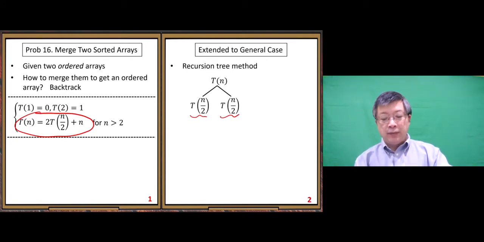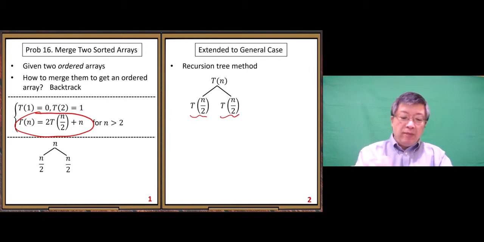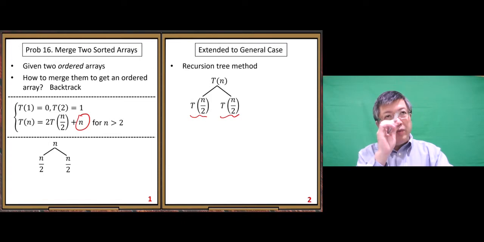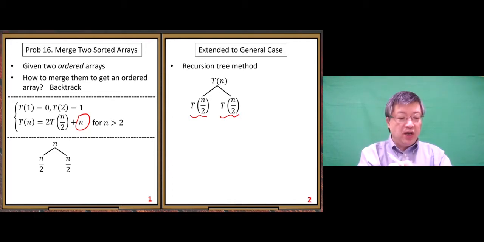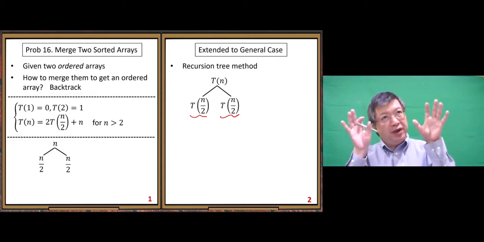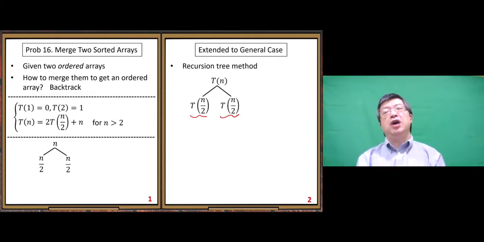But at the same time, we want to represent the non-recursion cost. For the non-recursion terms, we also use a corresponding binary tree to organize the non-recursion cost.